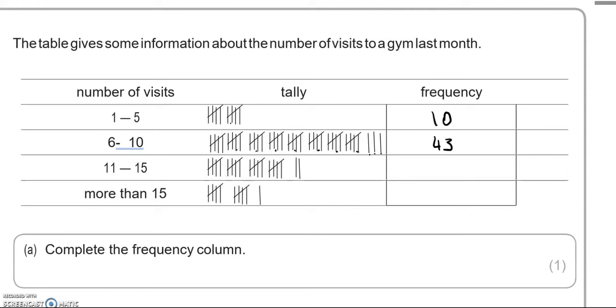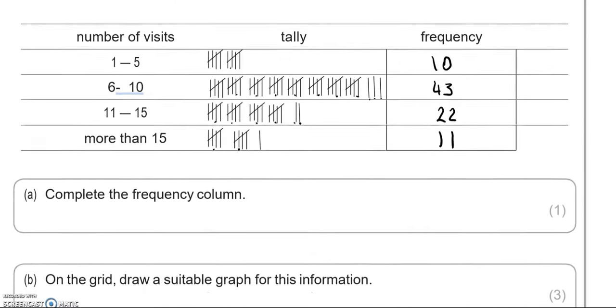And number of visits between 11 and 15, 5, 10, 15, 20, 21, 22. And more than 15, 5, 10, 11. So we've completed the frequency table.